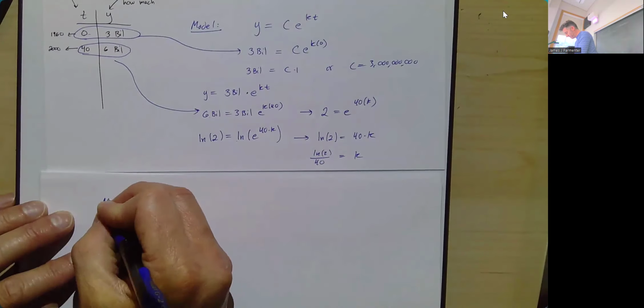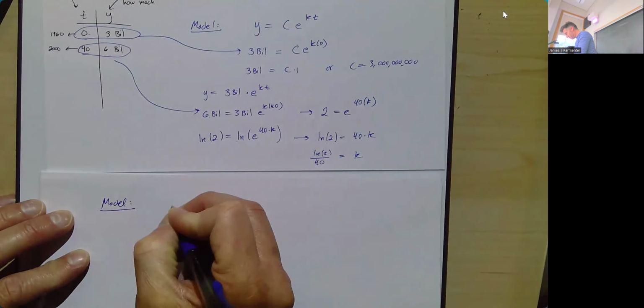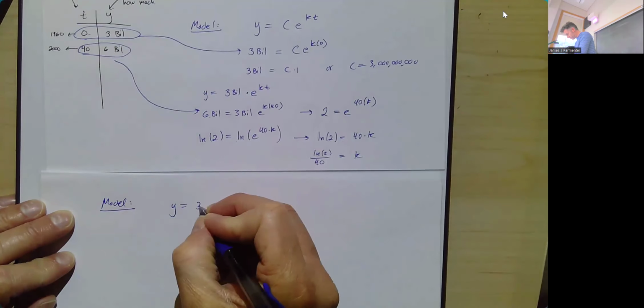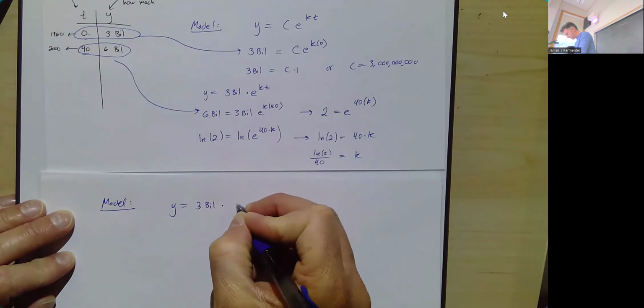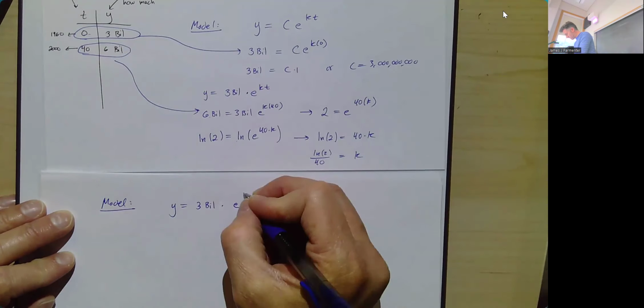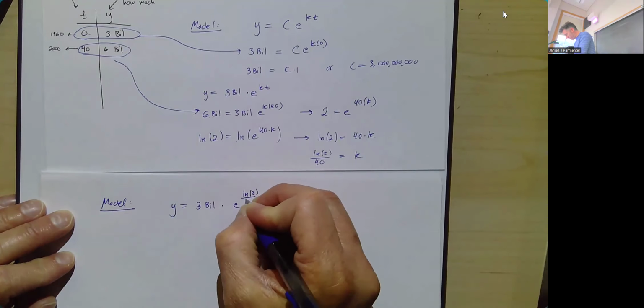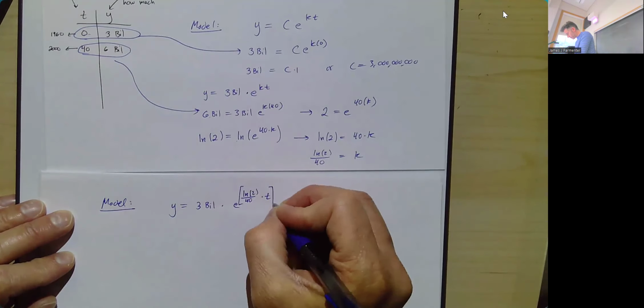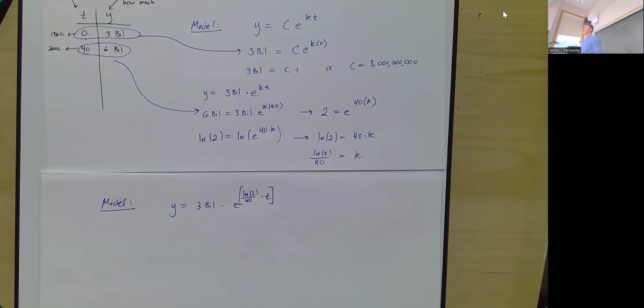Our new model is y equal to 3 billion times e to the k, which is the natural log of 2 divided by 40, times t. This is the answer to the question, how many people are there at any time t? Or write a model for exponential growth at any time t.